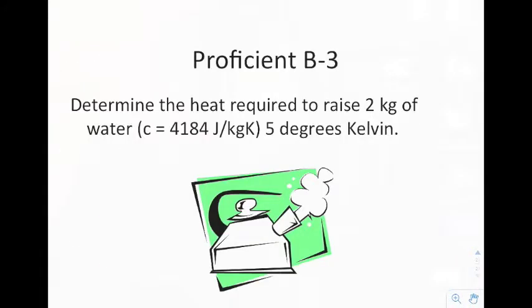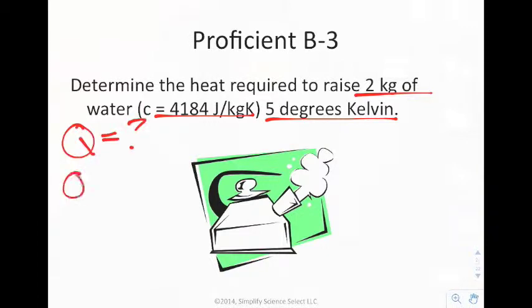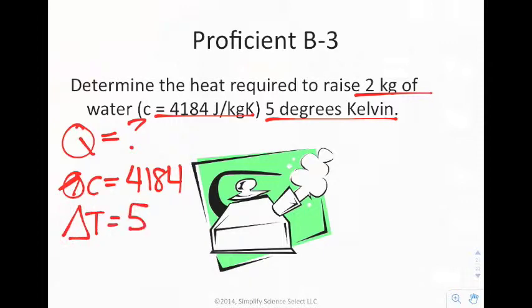And finally, it says determine the heat required to raise 2 kilograms of water 5 degrees Kelvin. So I want to figure out what Q is. C is 4184 joules per kilogram per Kelvin. The change in temperature is 5 Kelvin.